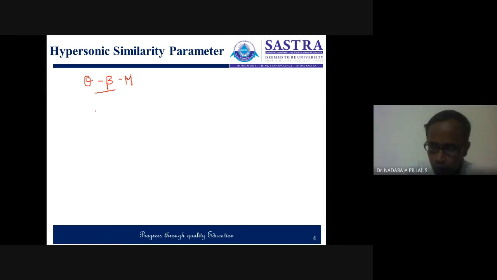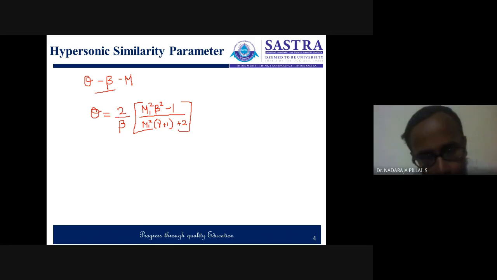So theta can be represented as 2 by beta, multiplied by M1 square beta square minus 1, divided by M1 square into gamma plus 1 plus 2. This is the relation which we have got.